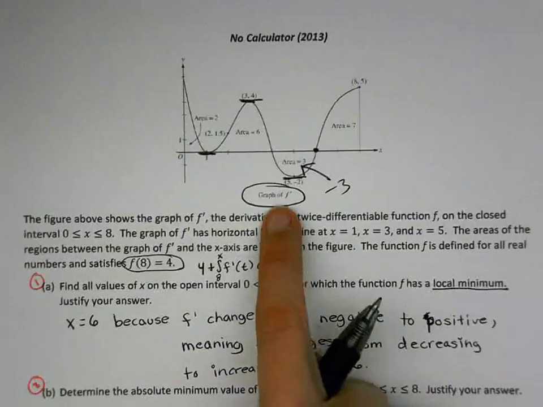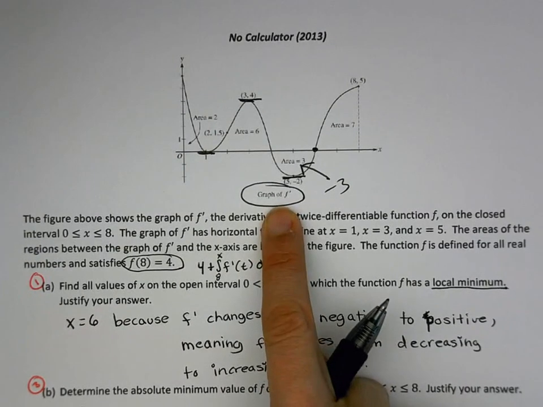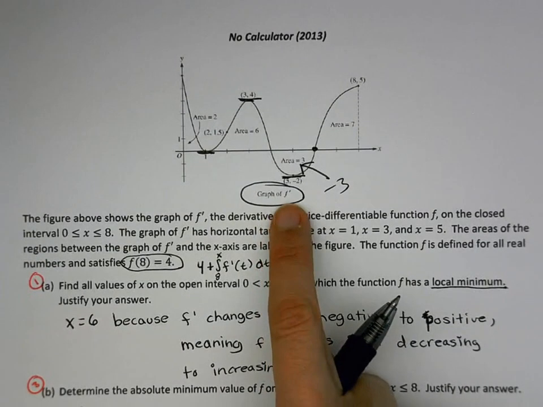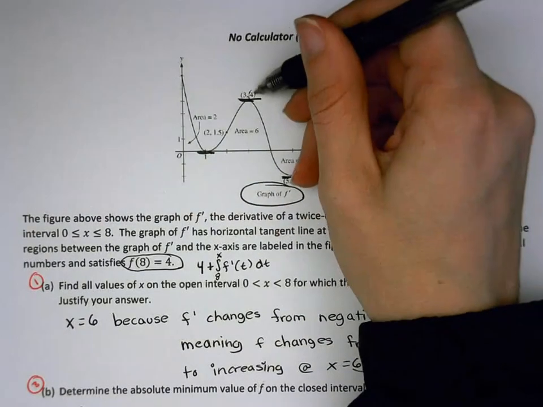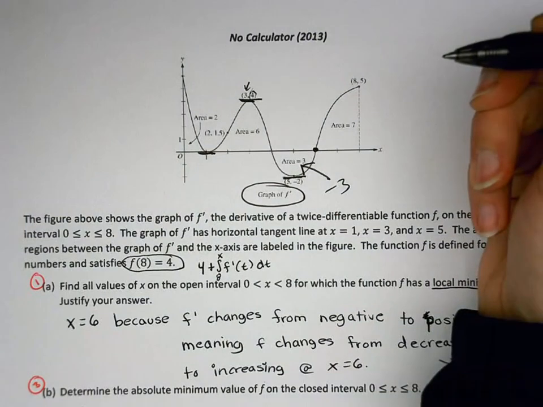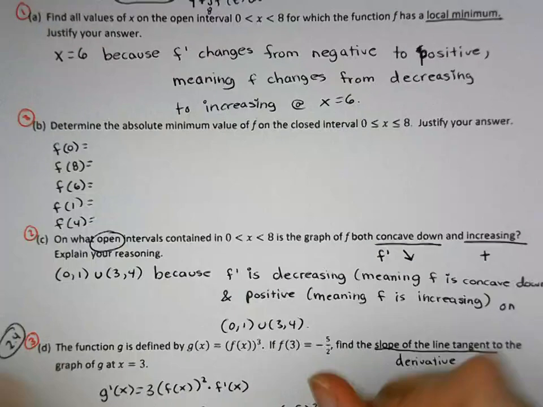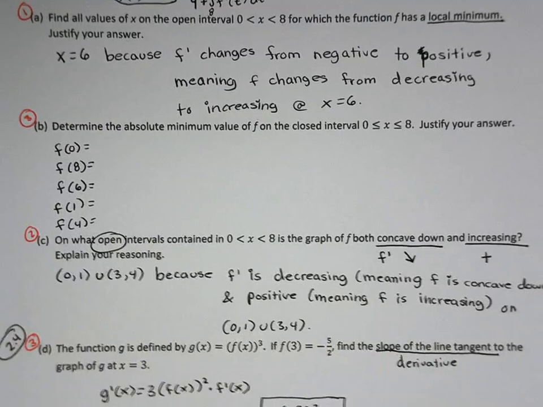I started out with a graph of f prime. So when I want f prime of 3, it is 4, right? F prime of 3 is 4. And remember, you don't have to simplify anything, so I'd leave it there. That gets you your 3rd point.